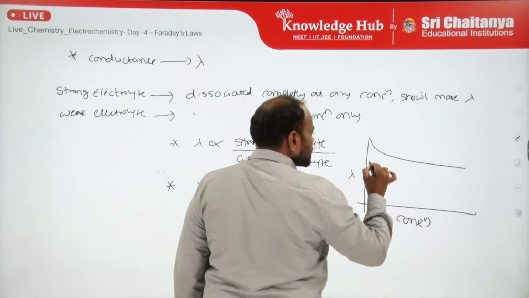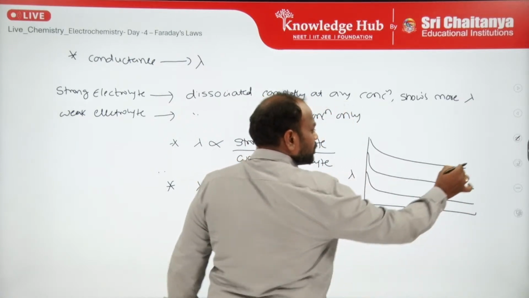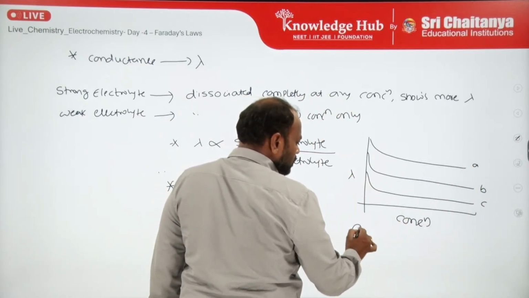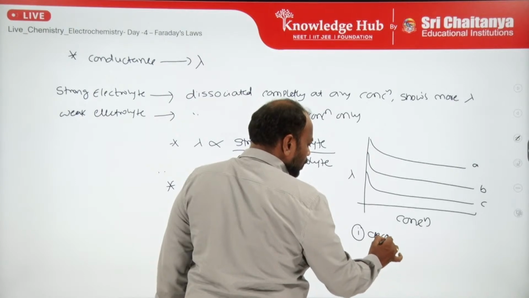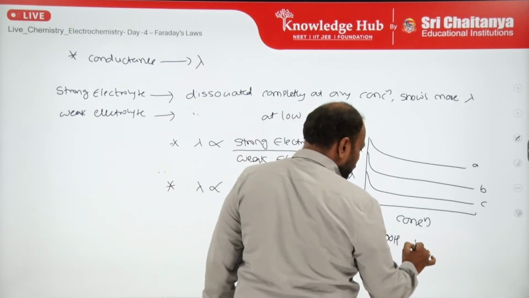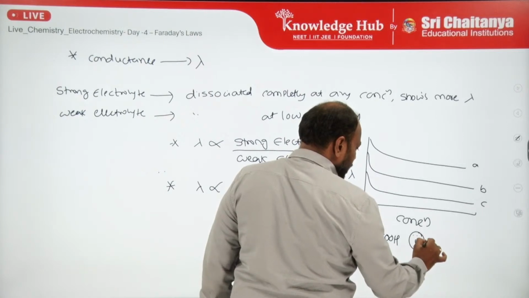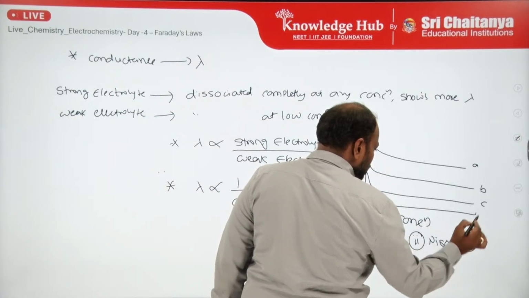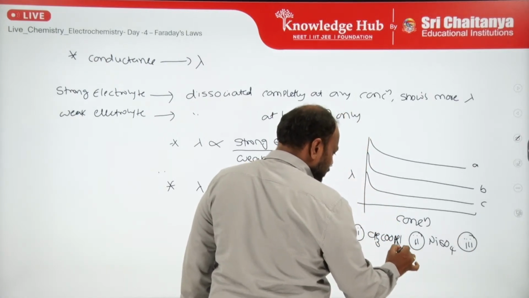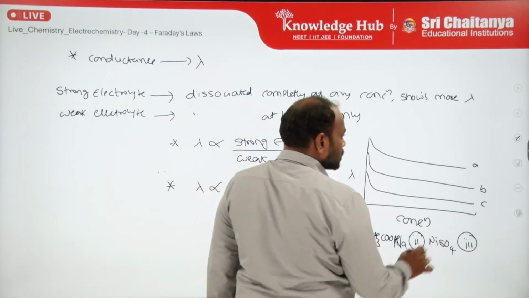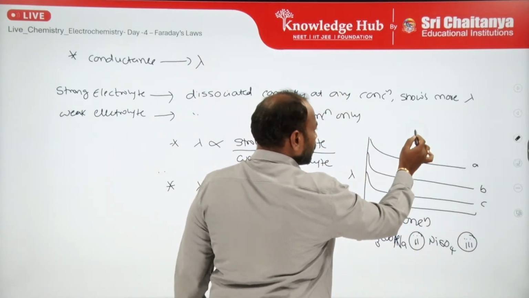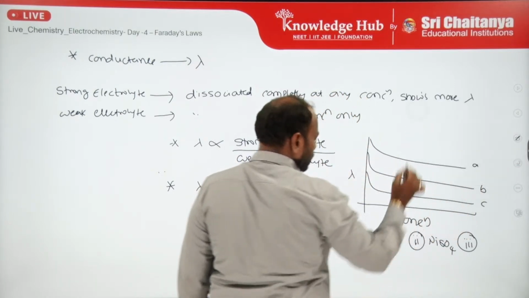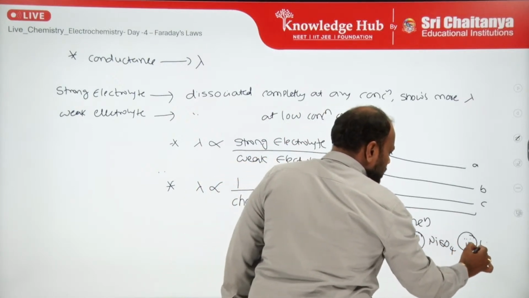Suppose we are getting this type of lines, say A, B, C. Option 1 is CH3COOH, option 2 is nickel sulfate, and the third one is KCl.